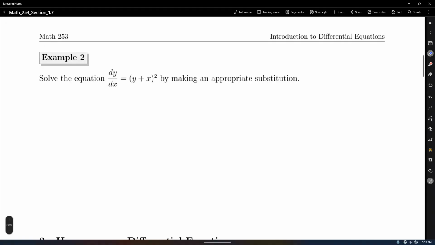The way we are going to come up with the appropriate substitution is in a similar way as if you were evaluating an integral. It's typically whatever is inside a radical, inside parentheses, in the exponent of an exponential, or in the argument of a logarithmic function, you name it.